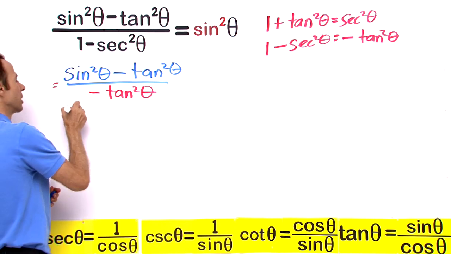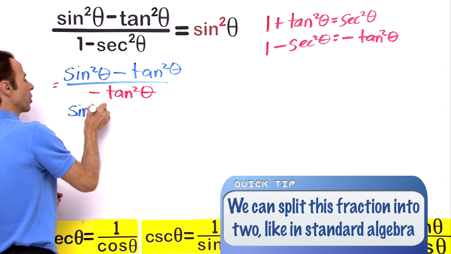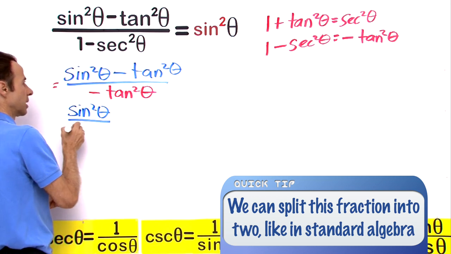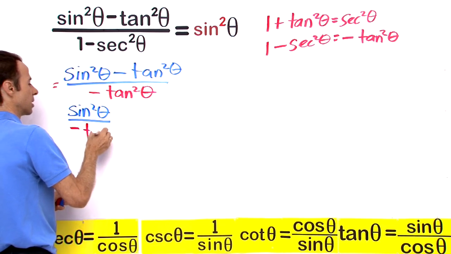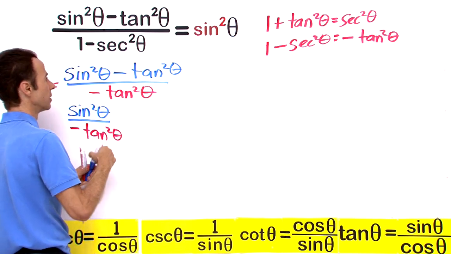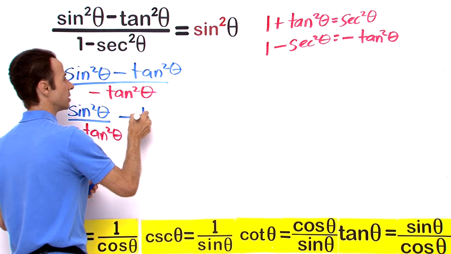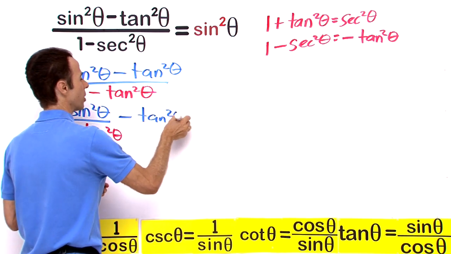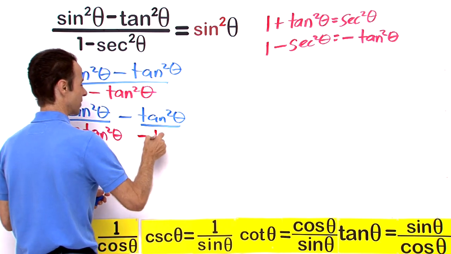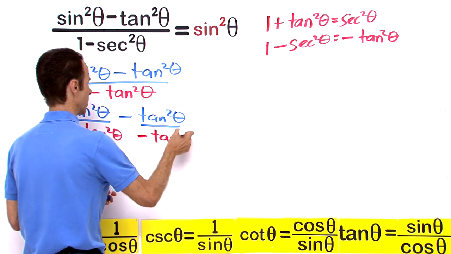So this will become sine squared theta all over negative tan squared theta. And now we have minus tan squared theta all over minus tan squared theta.